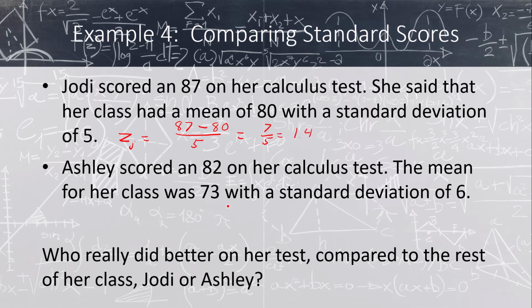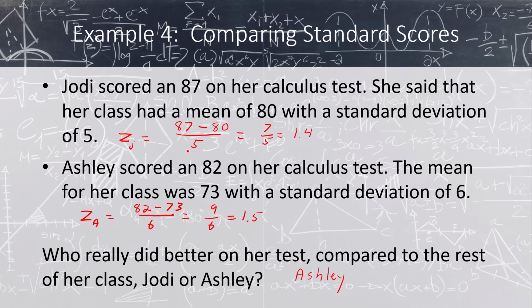What about Ashley? Well, the z-score associated with Ashley is going to be her score, which is 82, minus the class average, which was 73, divided by the standard deviation, which was 6. 82 minus 73, that is 9. 9 over 6 is 1.5. So the answer to that question would be that Ashley did better.